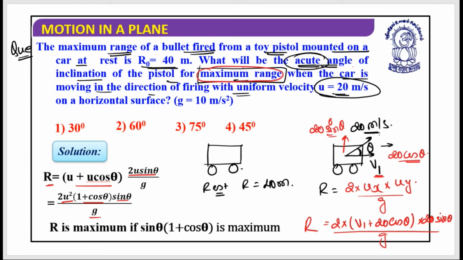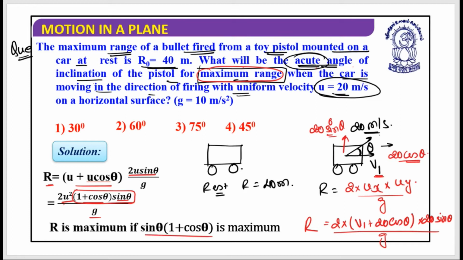Can you see this? For maximum range you need to have the maximum value of this bracket 1 plus cos theta into sin theta, because all the other terms are constant.